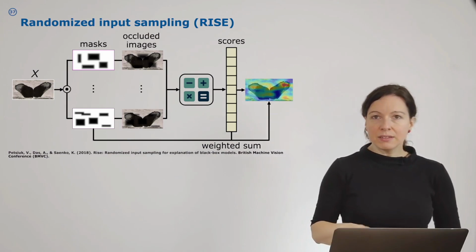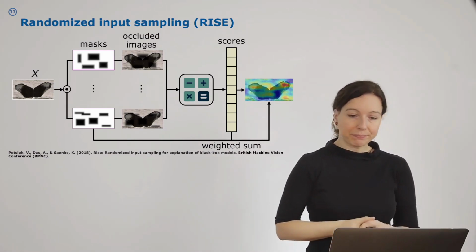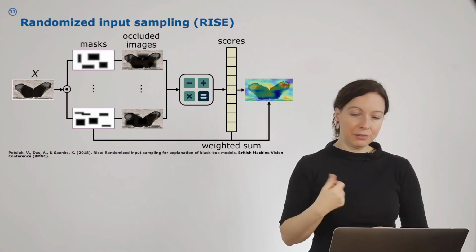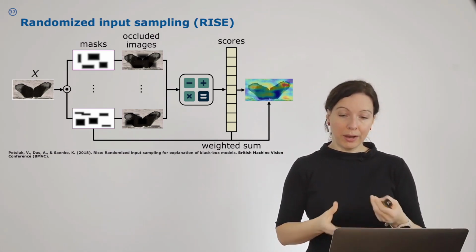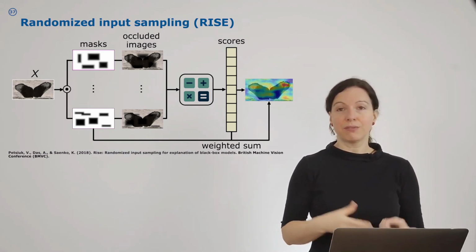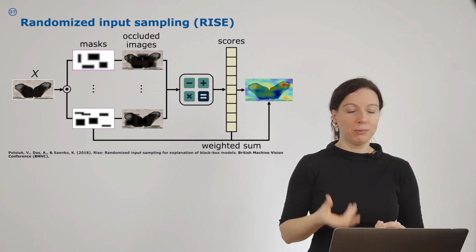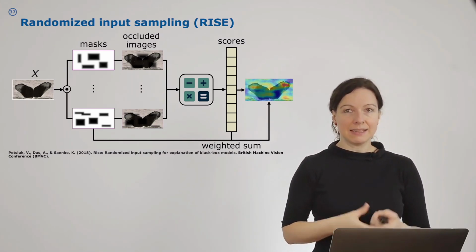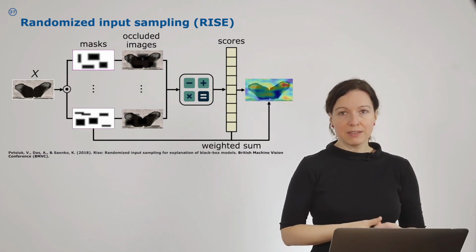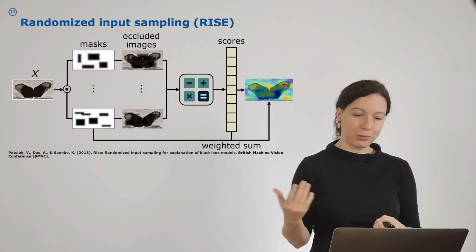And in order to decrease the burden of choosing a proper patch a little bit, and to get a more comprehensive result, for example, where masks cover image features of different sizes, there's a different approach called randomized input sampling, short RISE. And this can be seen as an extension to the occlusion sensitivity maps, or just a more comprehensive approach to it.